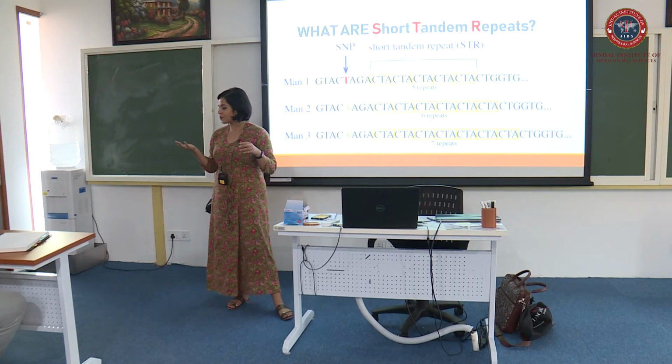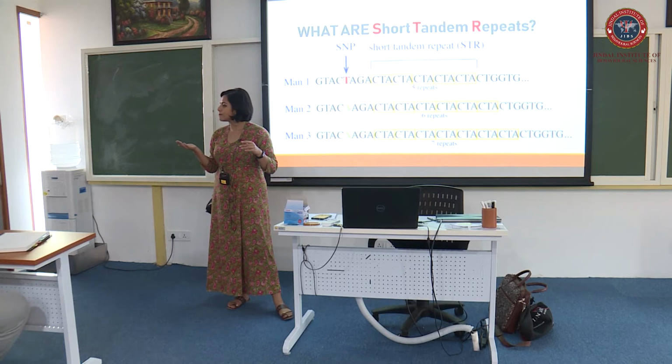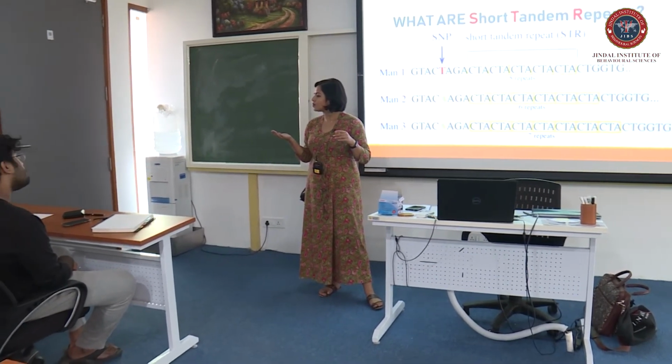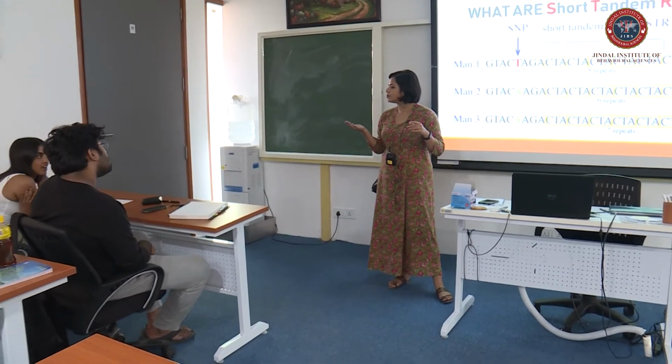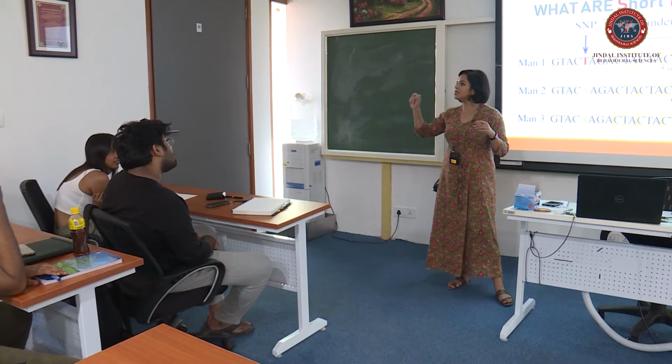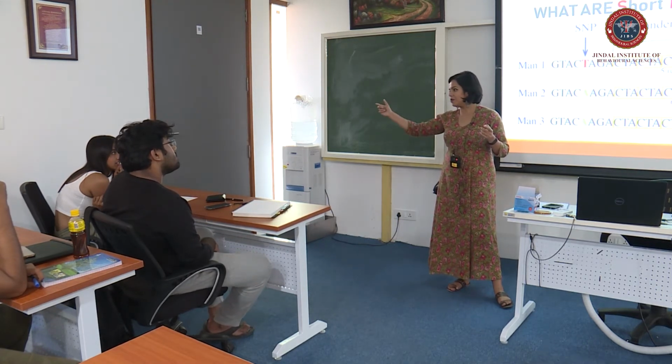It's like the part that we can match, because they repeat themselves in a certain way and they're unique in that way. They repeat themselves a number of times. They are just repeats of the same thing a number of times.